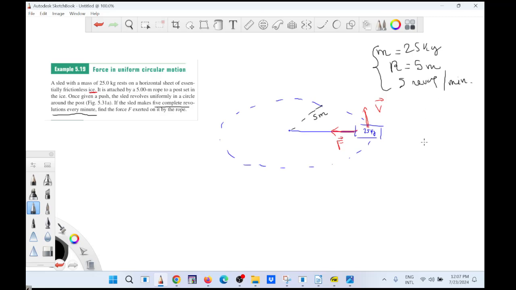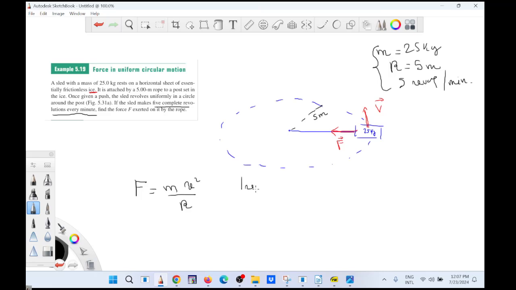So I'm going to show you 2 ways to do it. So first of all, one way is just to say, okay, the centripetal force equals mv squared over r, and we can find the speed here.